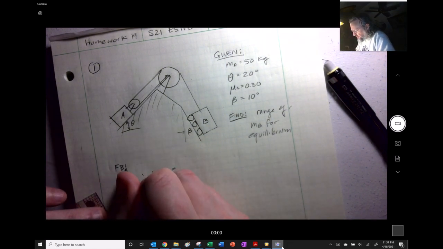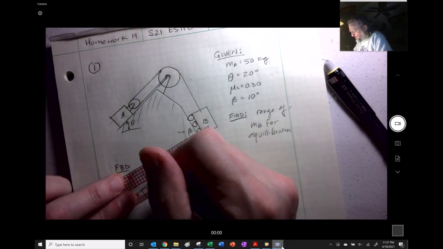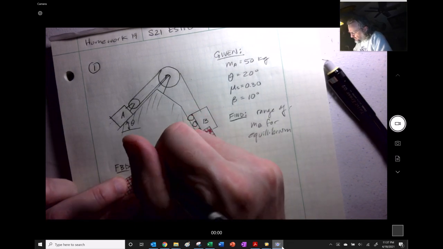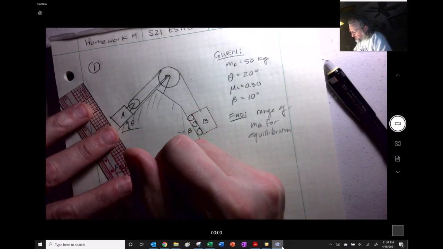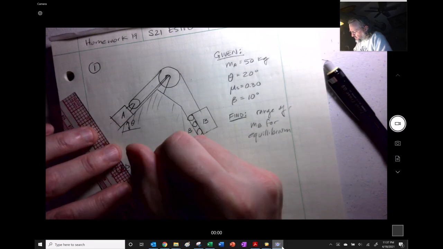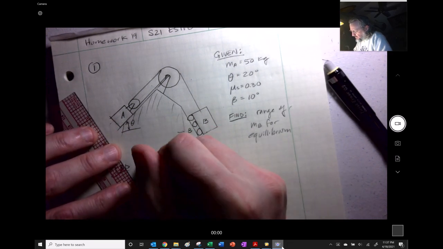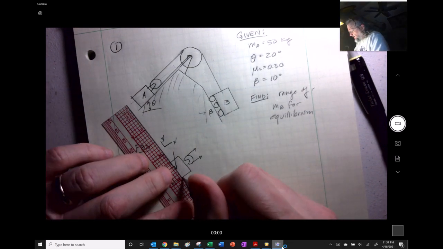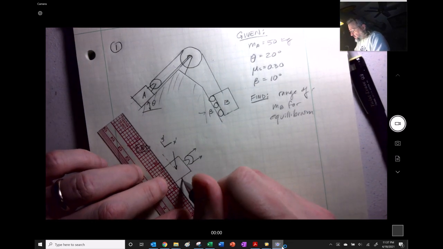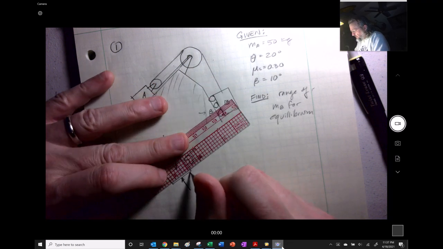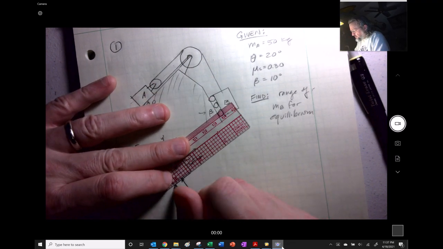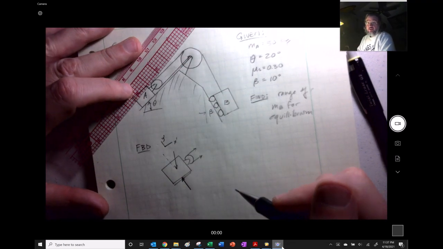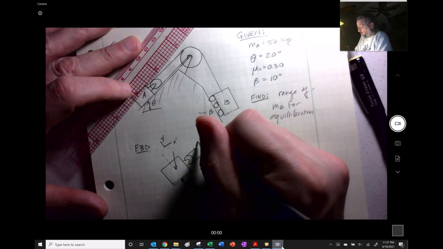We'll call this an FBD, and we're going to make the coordinate axis aligned with the slope. I like to call them x prime and y prime. Then we have a normal force, and we have a friction force. Now the friction force can be drawn in either direction here.